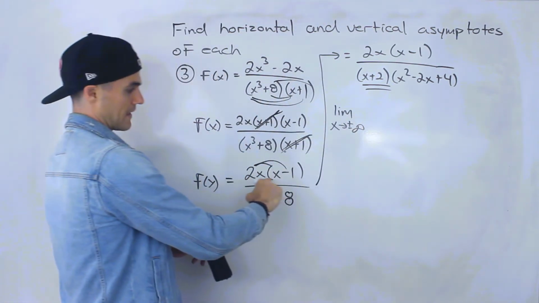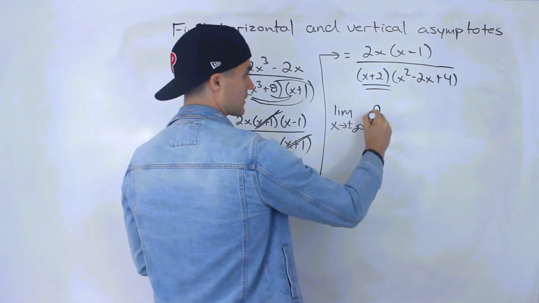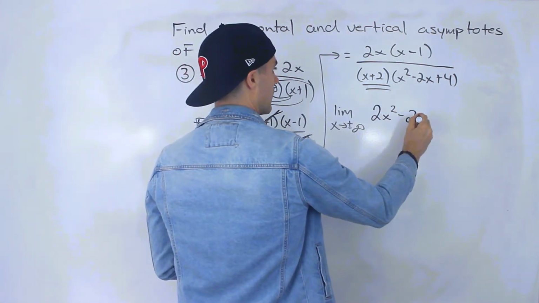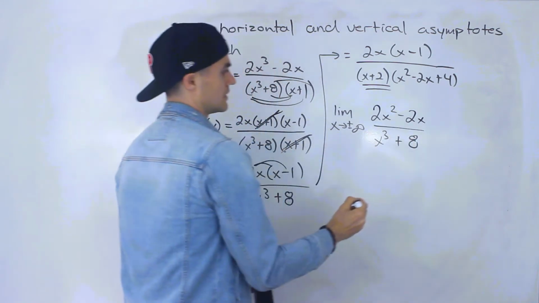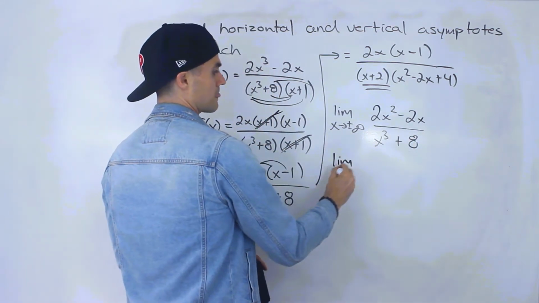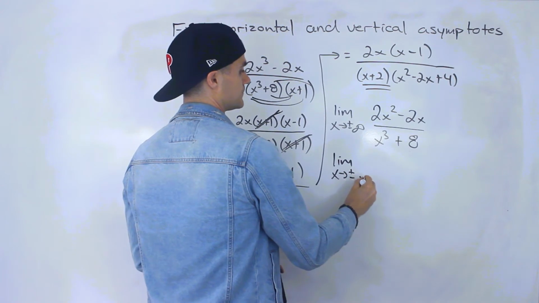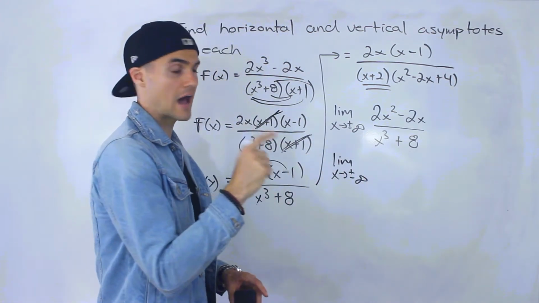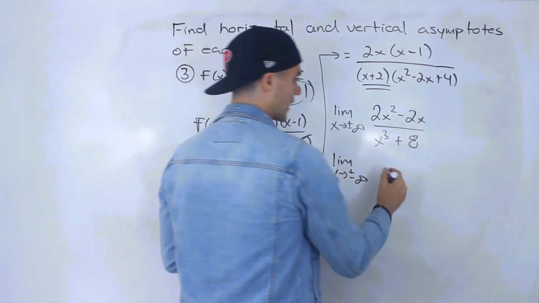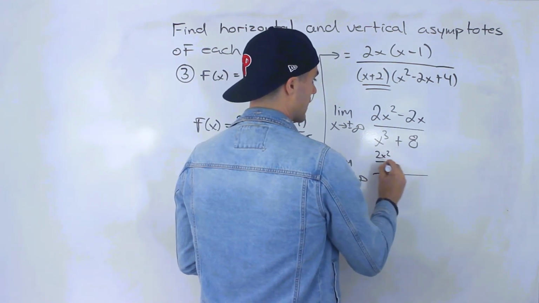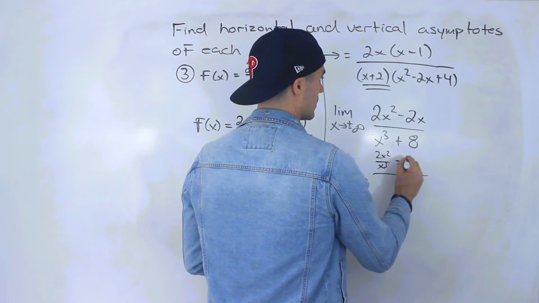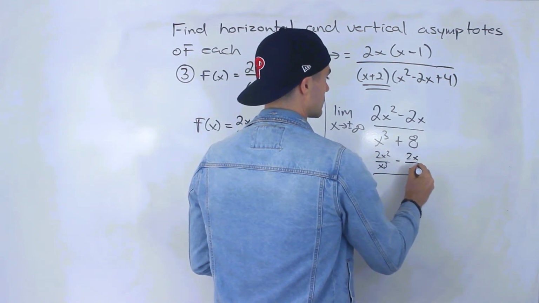So if we expand this, we got 2x squared minus 2x all over x to the power 3 plus 8. Divide everything by x to the highest exponent in the denominator, which is x to the 3. So the 2x squared, that gets divided by x to the 3. The 2x, that gets divided by x to the 3.